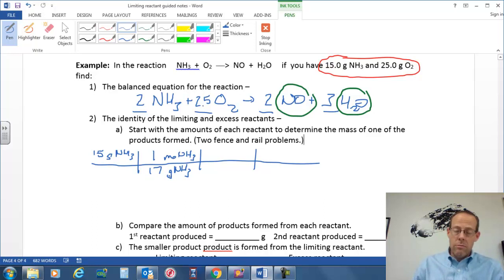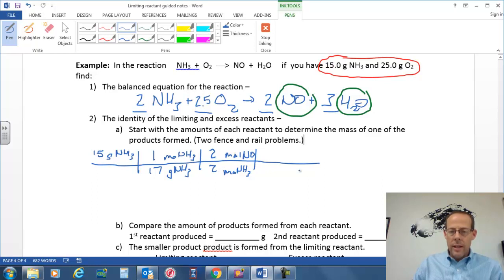I'm just going to round these to whole numbers. On your homework, if you could put all the numbers in the periodic table, I would appreciate it. But for now, we're just going to round these. So nitrogen's 14, and each of our H's is 1, so it's about 17 grams. Okay, the next thing is, if I let my units guide me, I'm going to have moles of NH3 on the bottom. And we decided we're going to go to NO, so I'm going to put moles of NO on top. And this ratio is simply a 2 to 2 ratio.